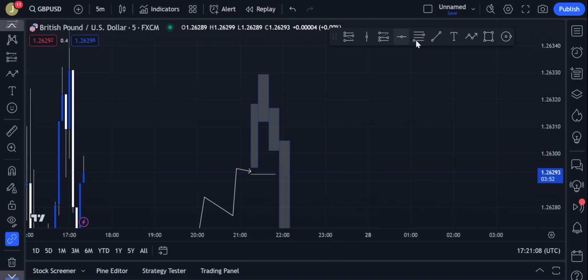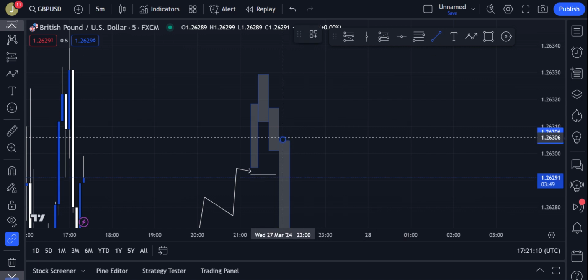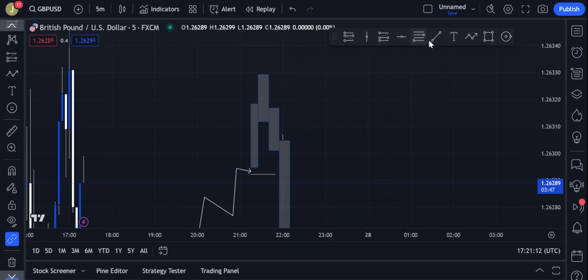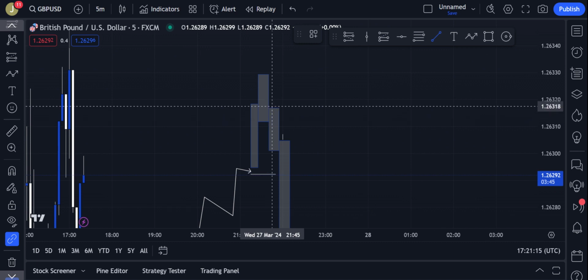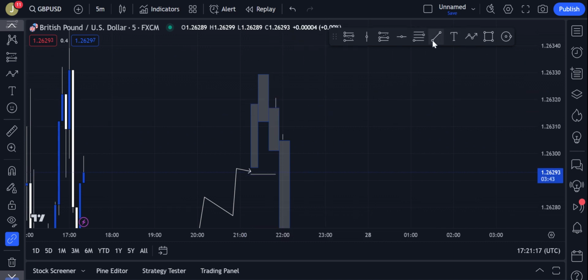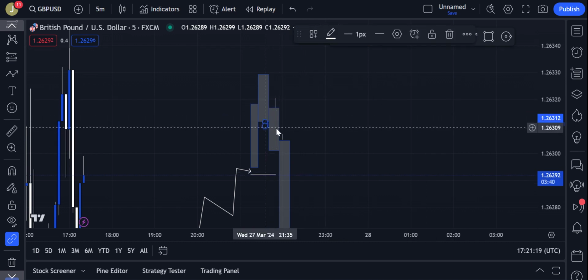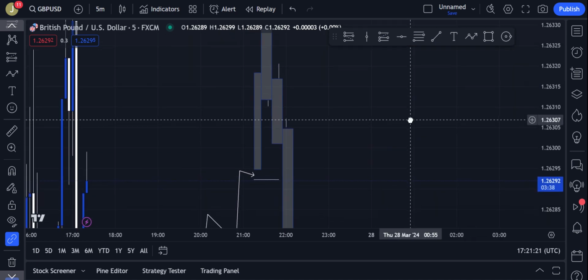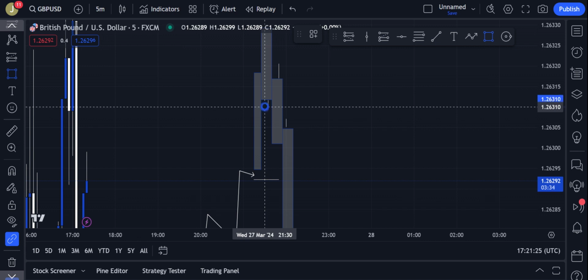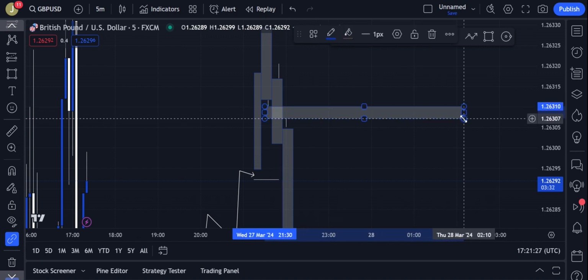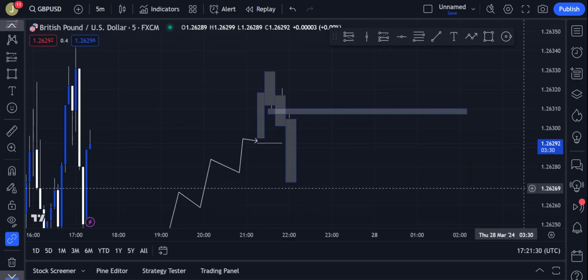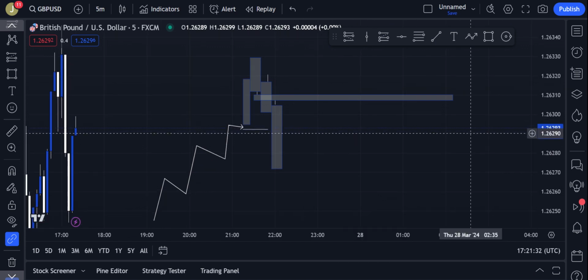So there will be wicks like this, and the gap is here between the wicks. This is the fair value gap. Yeah, this is the fair value gap.